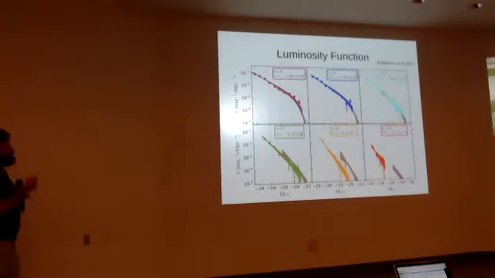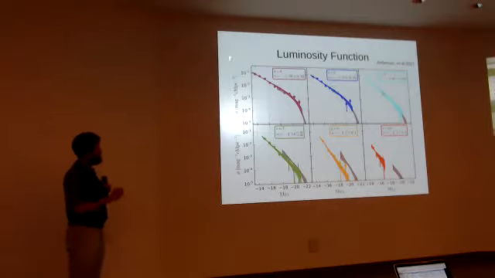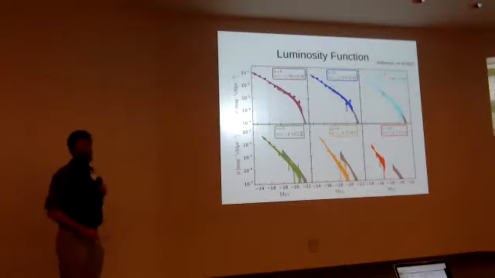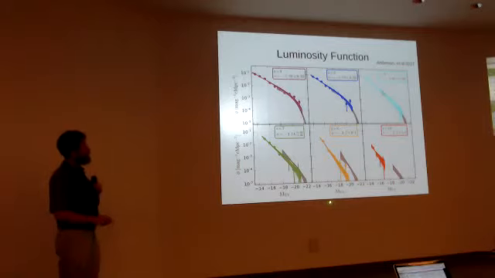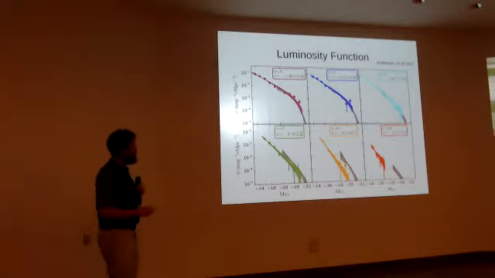This is Lauren Anderson's PhD work, where she's looking at the luminosity function in the rest frame UV absolute magnitude, comparing with the CANDELS survey, which is data from Finkelstein in gray. This is various redshifts, and Lauren's galaxies are the colored points.